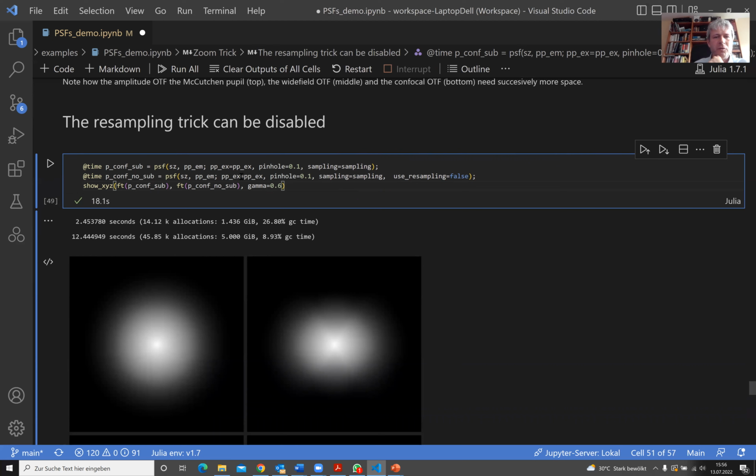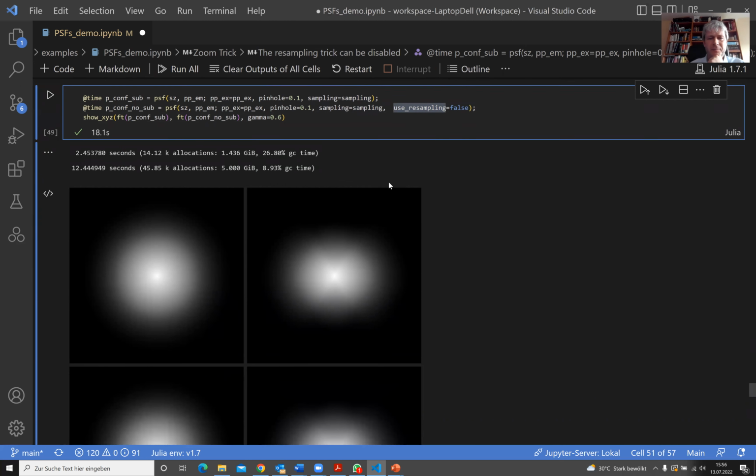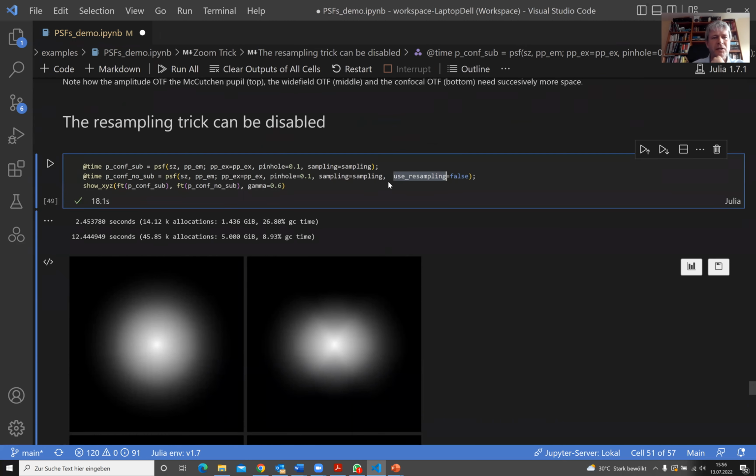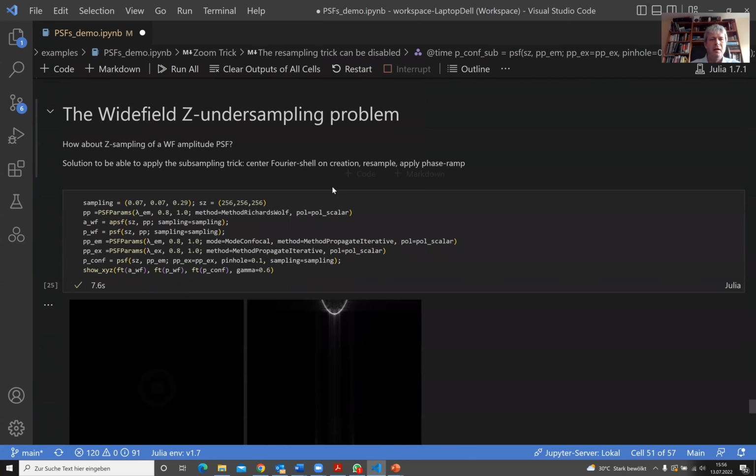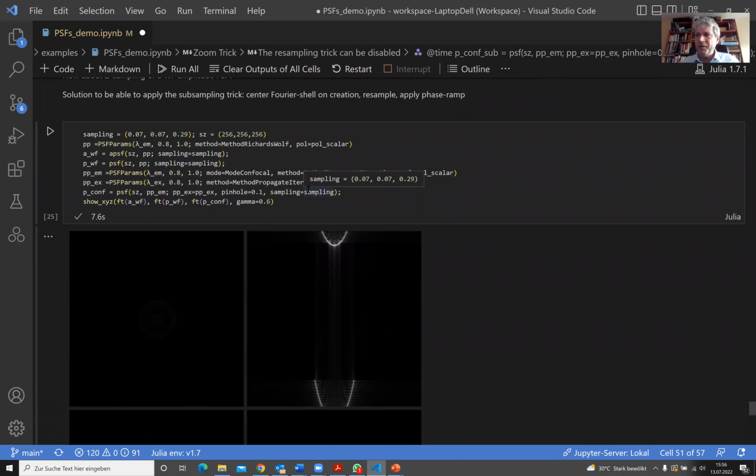If we use the automatic upsampling trick, we get the result in 2.4 seconds, or 2.5 seconds, and 12.4 seconds is what it takes if you don't resample and just sample everything on the same grid. This is partly because the Fourier tools toolbox has a very fast upsampling function in it.